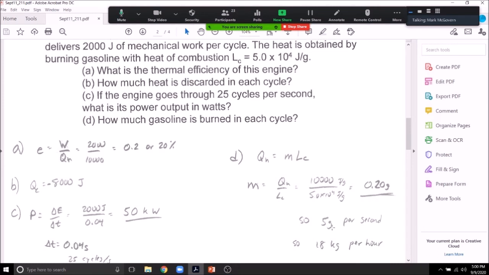So that means it's either 0.2 grams per cycle, or 5 grams per second, or 18 kilograms per hour. Okay. So you could work out, if you know the size of your tank, how long this engine could run with the efficiency that we have. So that's a nice example. Very nice example, actually. Any questions about this one?